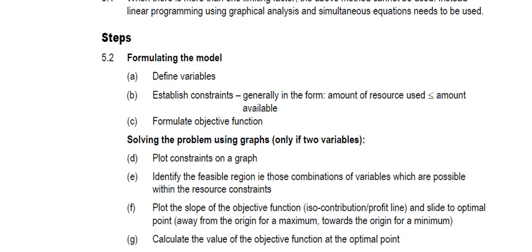The point at which the isoline or the ruler, as you slide it to your right side, leaves the feasible region, that is the point at which the objective function will be found.